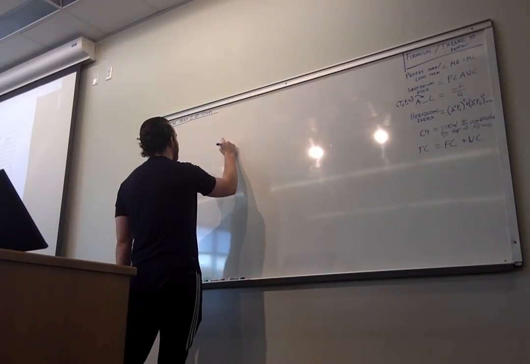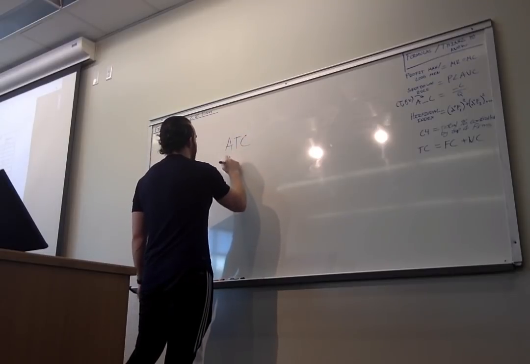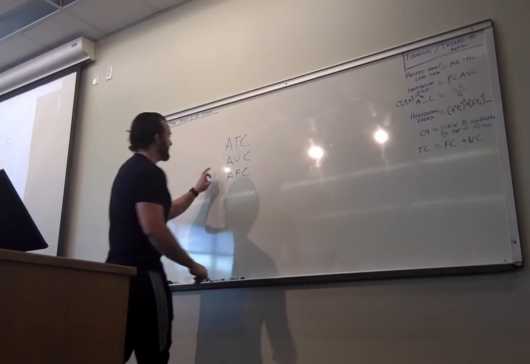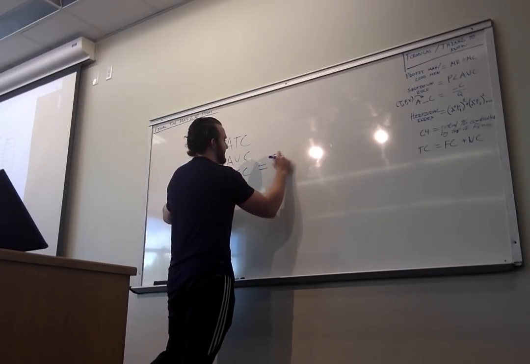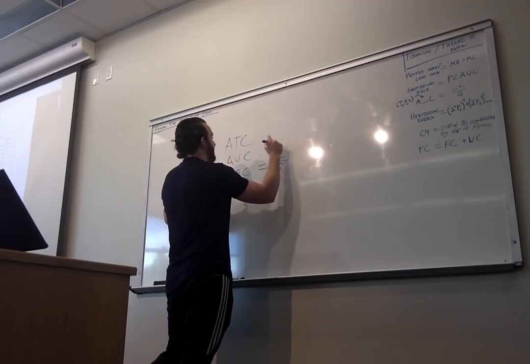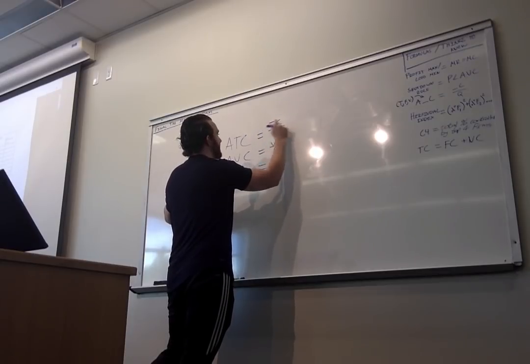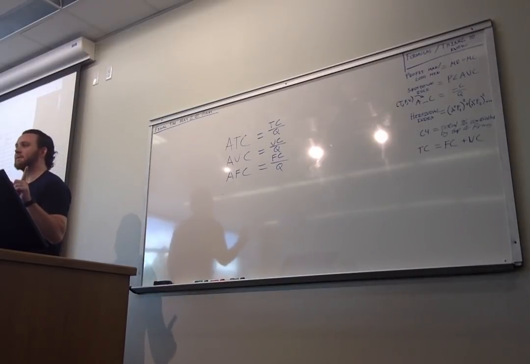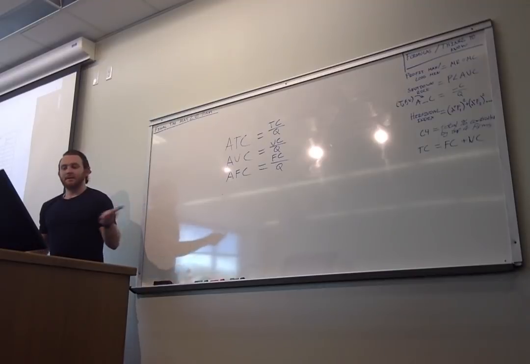So all it's saying is whenever you have an average total cost, average variable cost, or an average fixed cost, all those are equal to your fixed cost divided by your quantity, variable cost divided by your quantity, or your total cost divided by your quantity. Does that make sense to everyone? Yep. Okay. Just want to make sure we don't lose anyone.